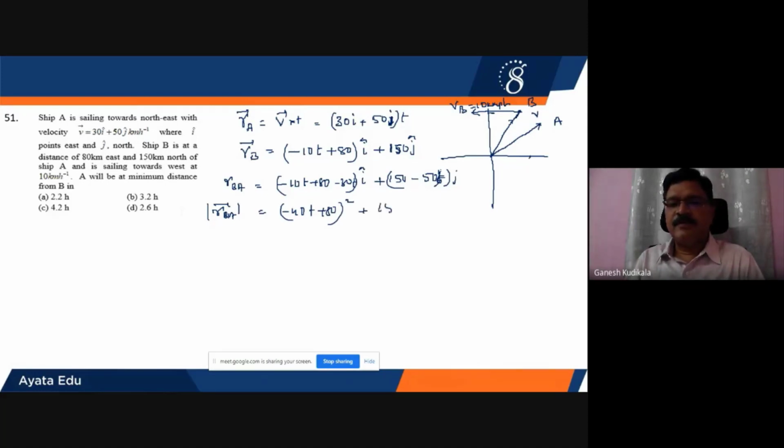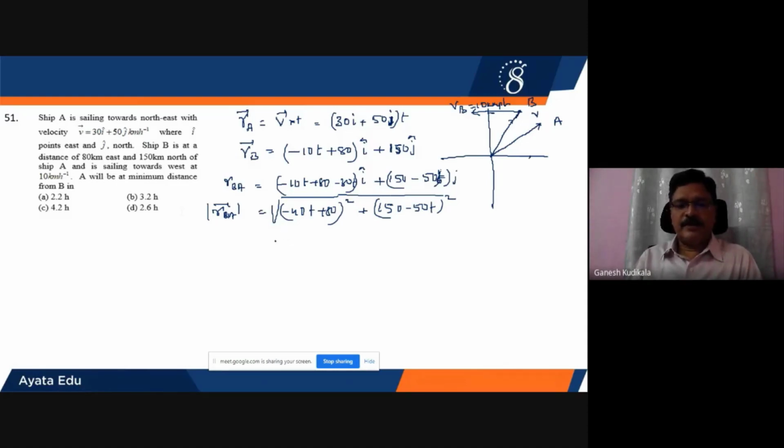Next, it is 150 minus 50t, whole square, under root. So this was actually the magnitude of the position of ship B relative to A.